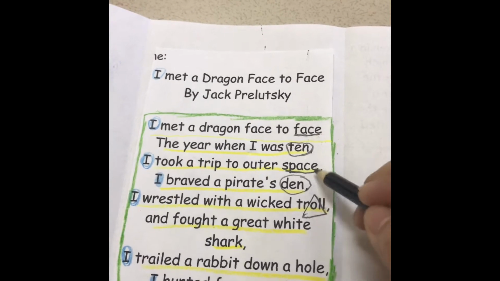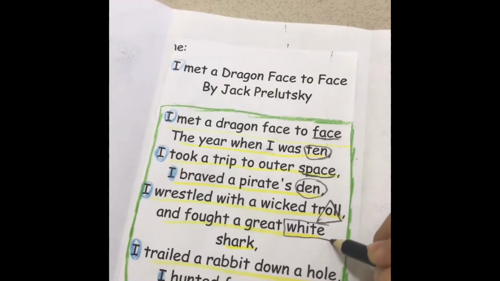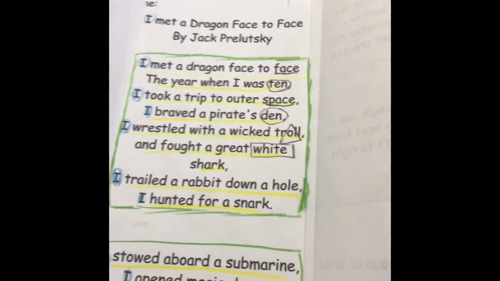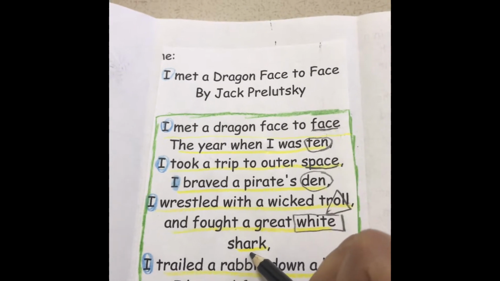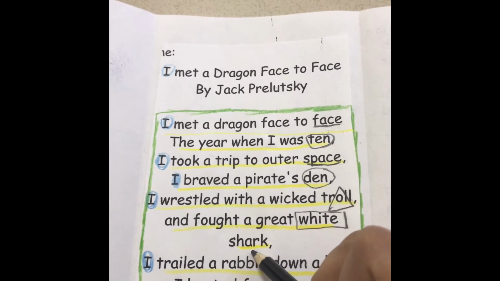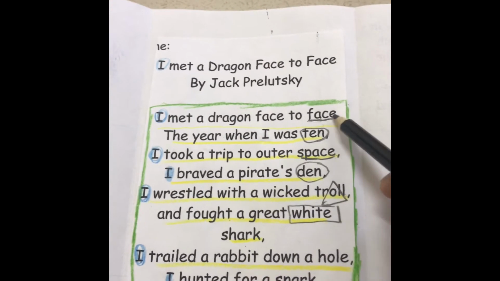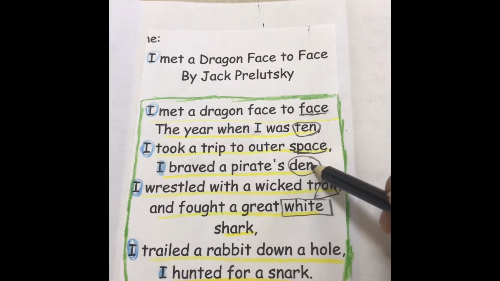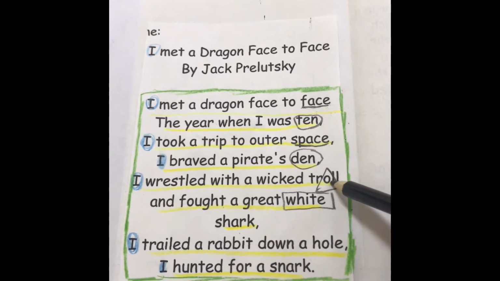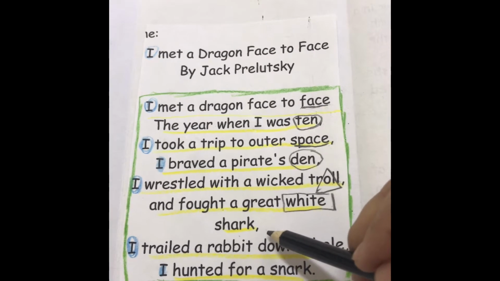None of those rhyme. So I'm going to do a rectangle on this one. Okay. And then we have the word shark. Okay, shark. So shark, face, 10, space, den, troll, white, shark. What does shark rhyme with?